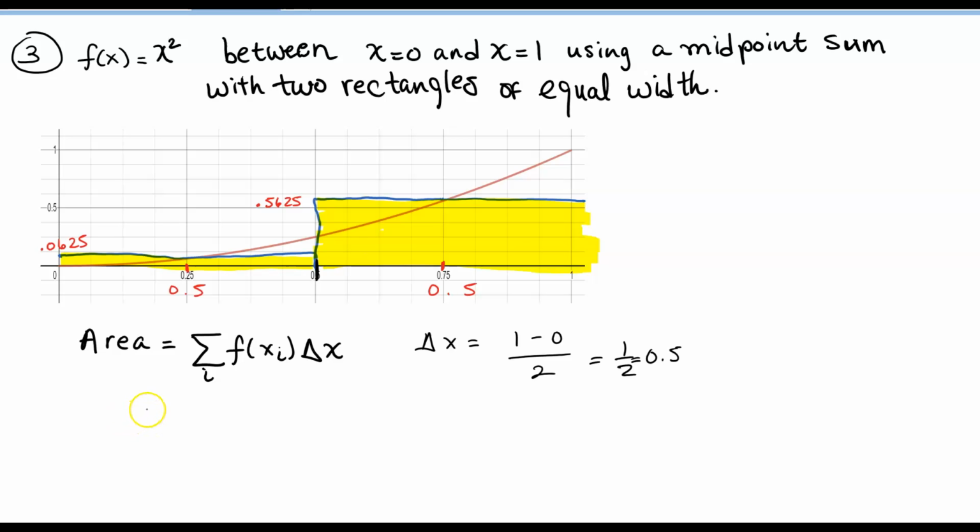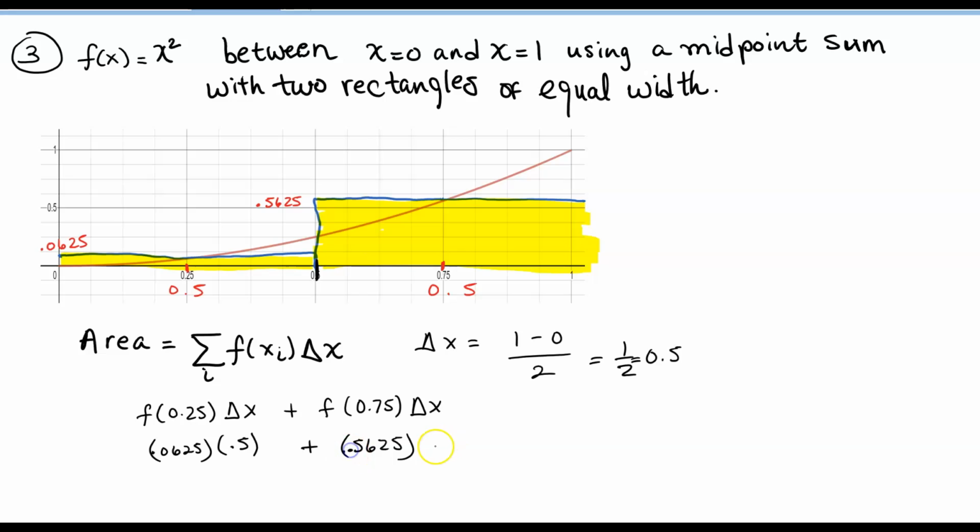Now we plug all of that into our summation formula. We're going to say f of 0.25 multiplied by delta x plus f of 0.75, again multiplied by delta x, and we plug in the numbers that we just calculated: 0.0625 times 0.5 plus 0.5625 times 0.5.